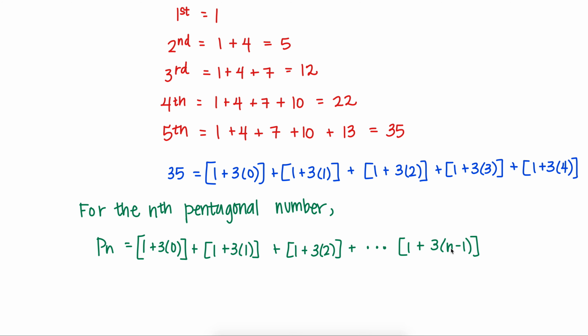Why am I stopping at n minus 1? That's where my previous pattern stopped. The 35 is our fifth pentagonal number, and it went up to 1 plus 3 times 4, so 1 less. That's why this is n minus 1 here.